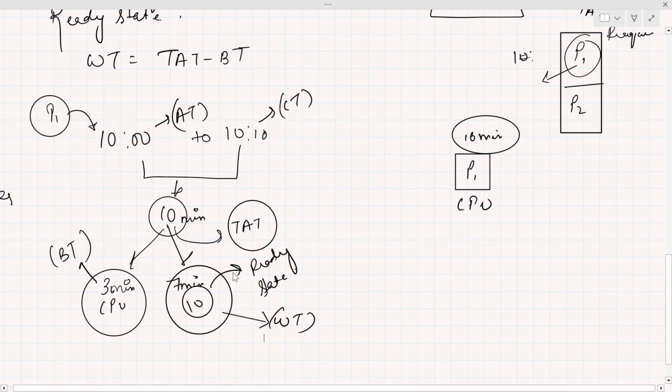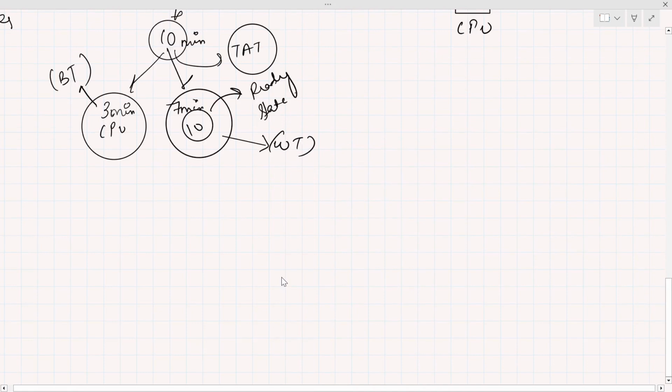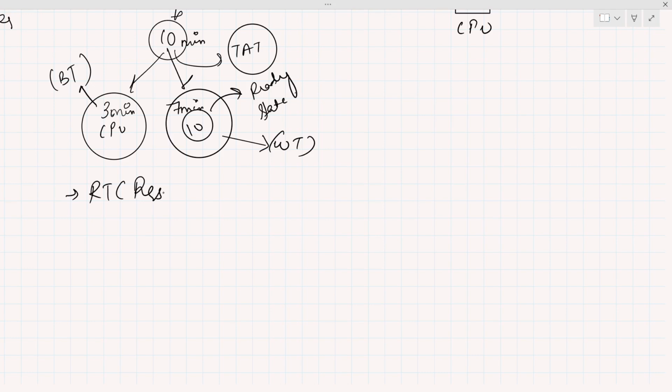Now we are moving towards the next thing, which is also very important: some more scheduling times that you need to understand. RT means response time. What is the response time? It is the time from arrival till the first execution of a process.